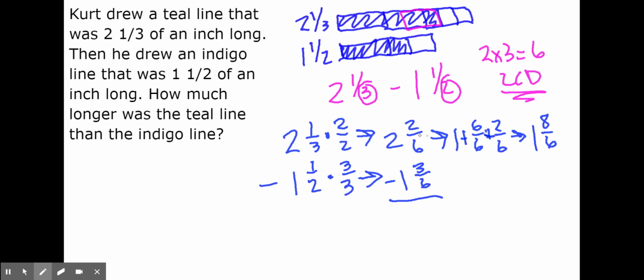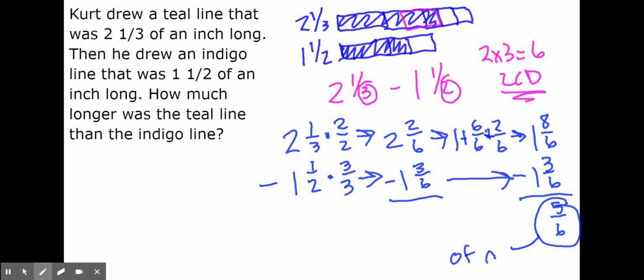So we're regrouping one of these whole numbers so that we can do the subtraction. And this remains the same. So it's minus 1 and 3/6. Now I can subtract. 8 minus 3 is 5/6. 1 minus 1 is 0. So the answer is 5/6 of an inch.